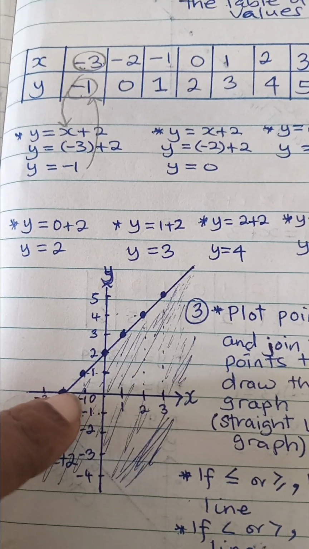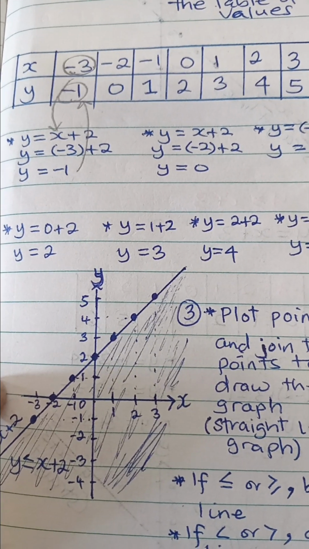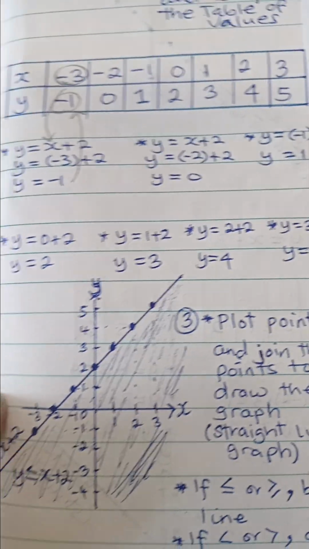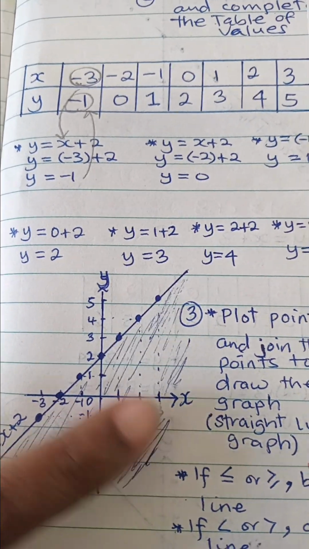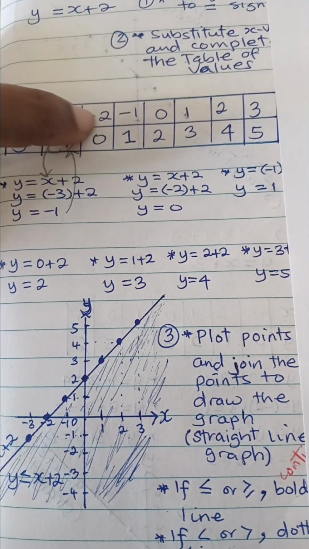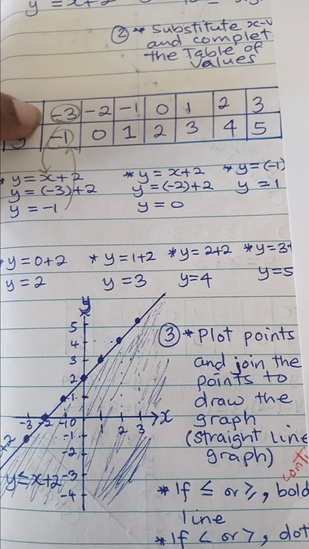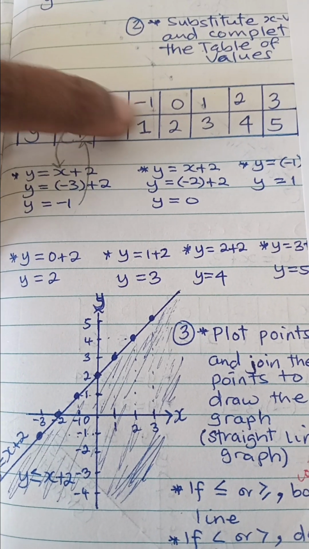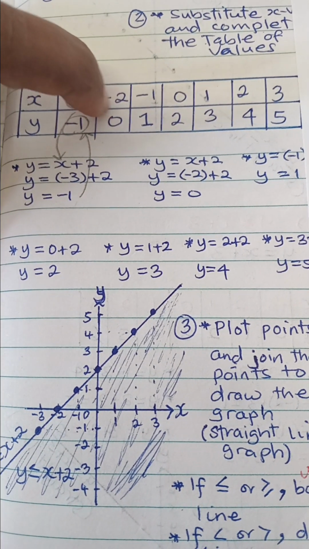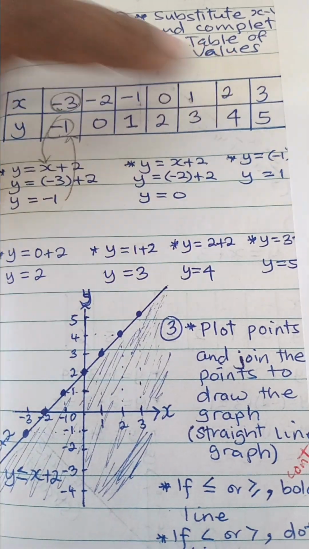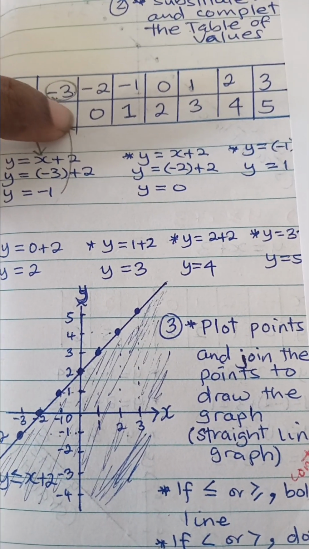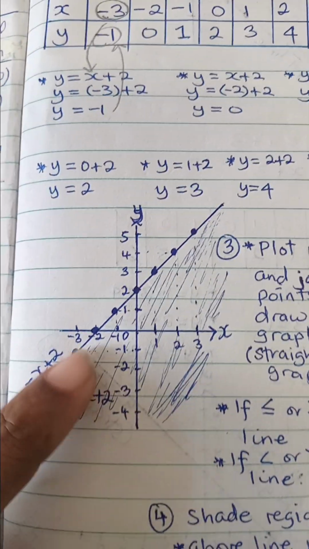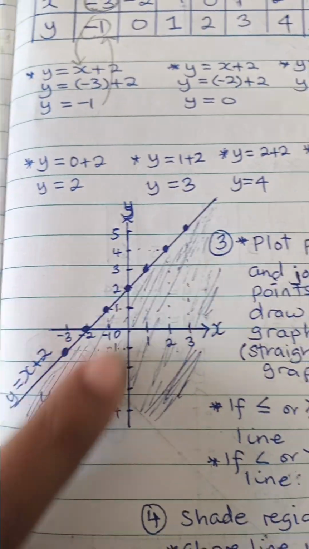If you choose multiples of 2, you go 2, 4, 6, 8, 10, and so forth. Your scale will depend on the values from your table. Here I have -3, -2, -1, 0, 1, 2, 3 for the x, and then -1, 0, 1, 2, 3 for y. So I can use multiples of 1 on my scales, going 1 unit apart.